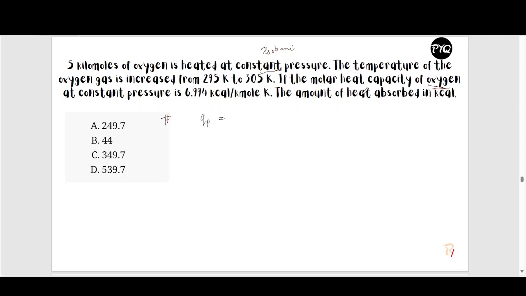Molar heat capacity gives me Qp equals n Cp into del T, where n is the number of moles. Here the number of moles is given, n equals 5 kilomoles. Sorry, I will write it clearly.